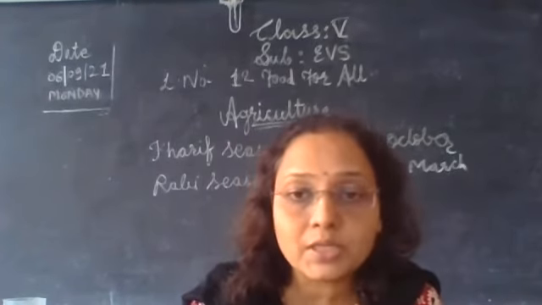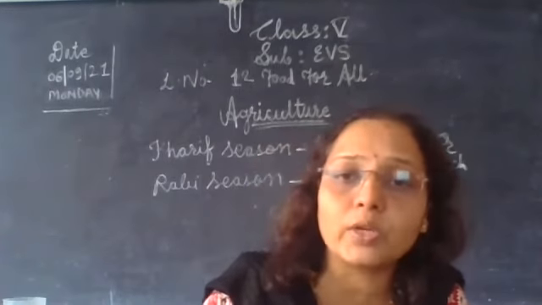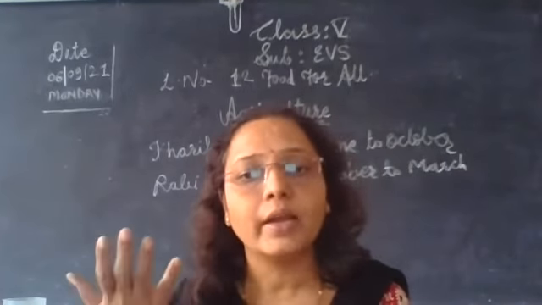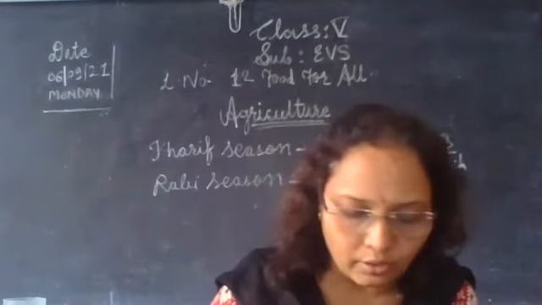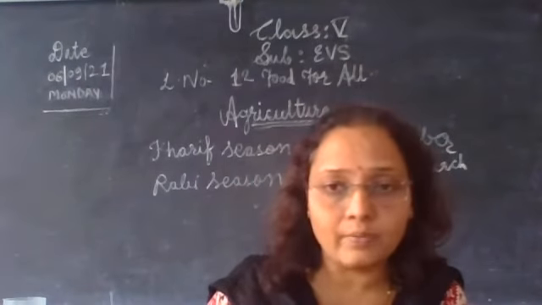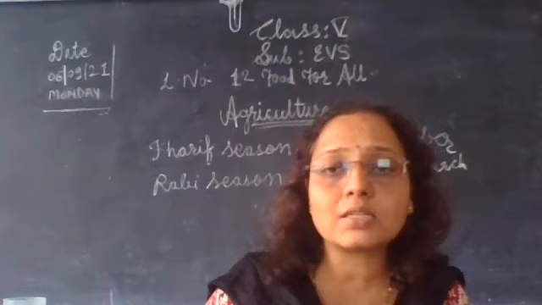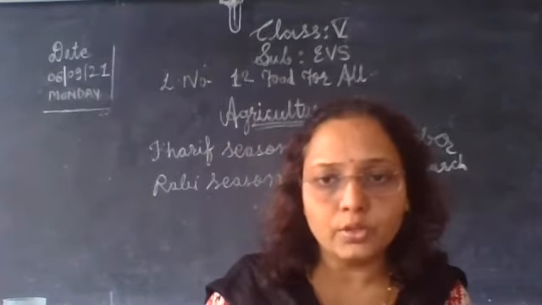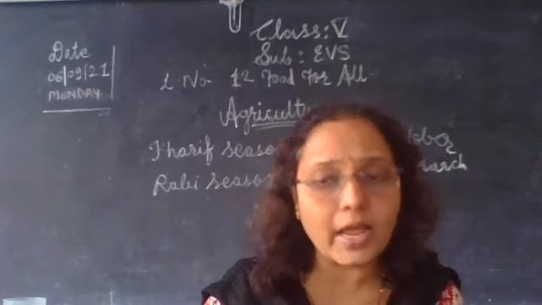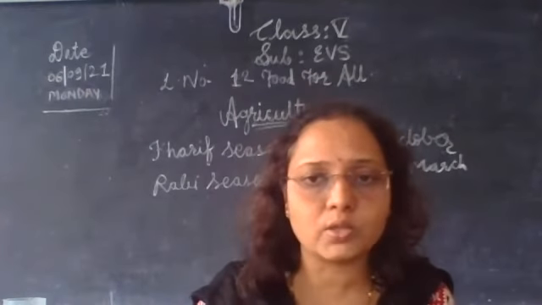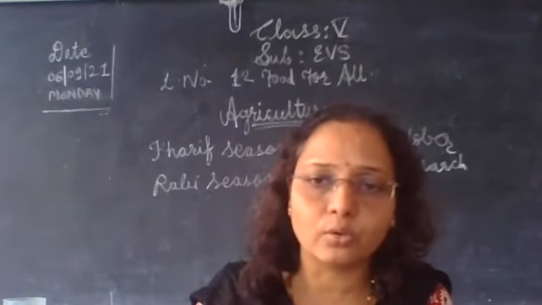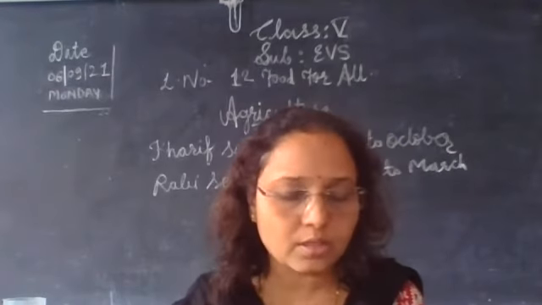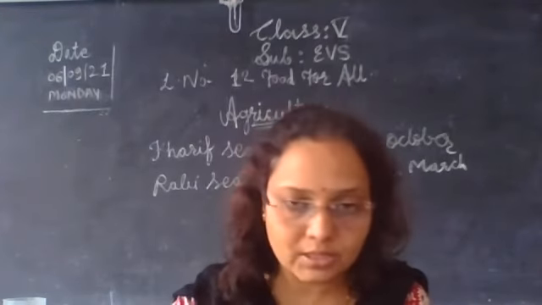Then good quality seeds. If healthy seeds are sown into the soil, we get healthy plants. From healthy plants, we again get a healthy yield. Fertilizers are also used in the soil to give nutrients. Then availability of water. Water is also very important for the growth of the plant. These are the essential things for a good harvest.